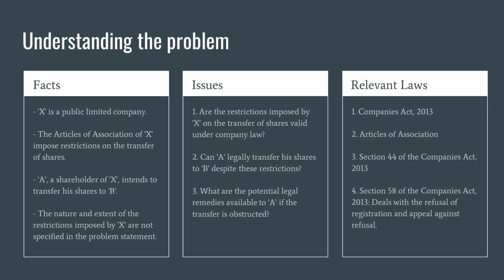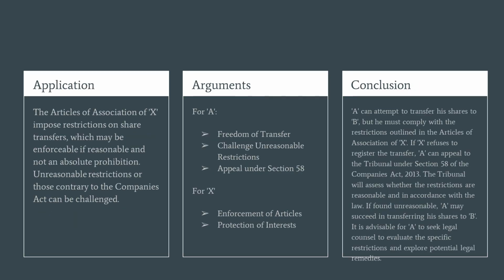If the company refuses to transfer any shares of a particular shareholder, this shareholder can use Section 58 to legally approach the court tribunal. Next, application. Now it is very clear. The Articles of Association of X imposed restrictions on share transfers, which may be enforceable if reasonable.